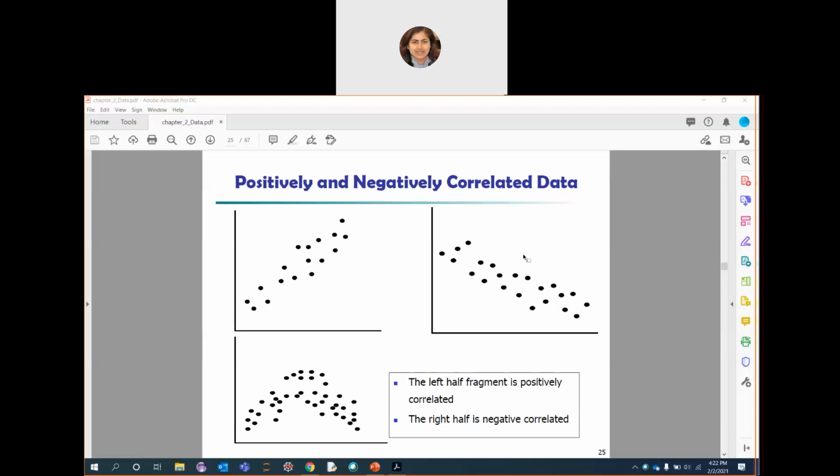But if the pattern of plotted points slopes from upper left to lower right, then the values of x increase as the value of y decreases. So x is increasing, but y is decreasing. In that case, it shows a negative correlation. And a line of best fit can be drawn to study the correlation between the variables.